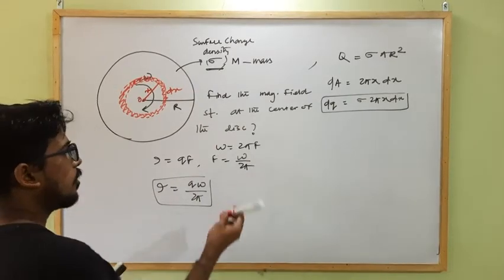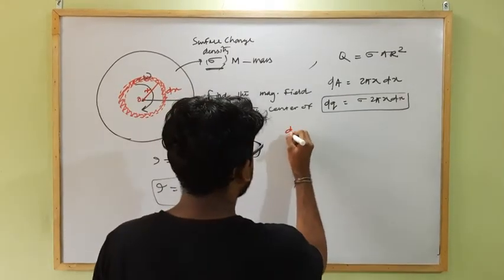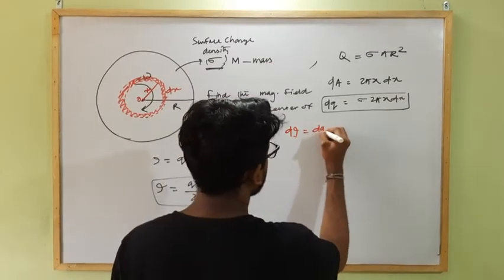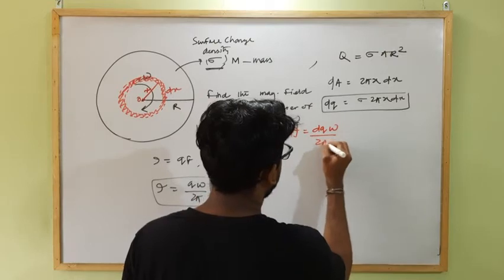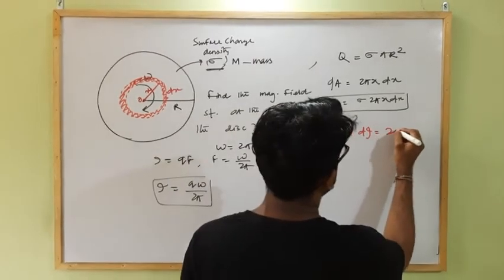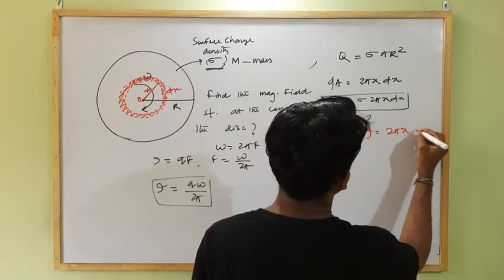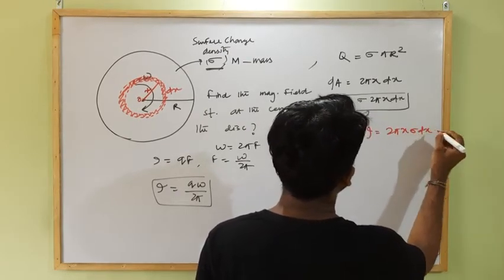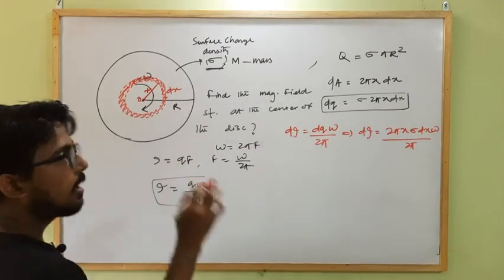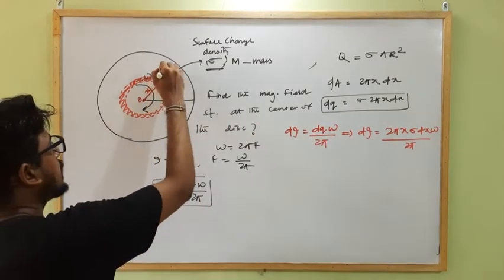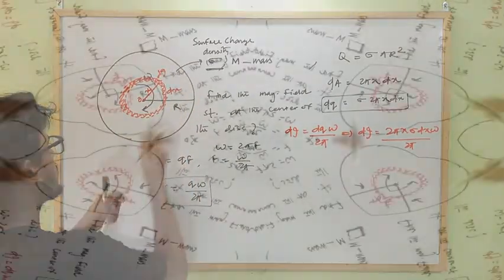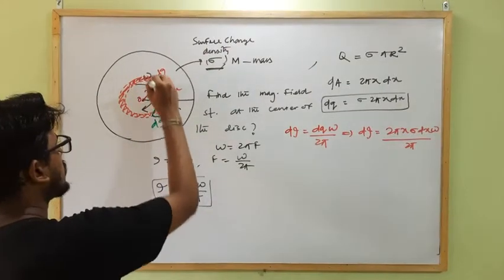So now the amount of current di equals dq into omega divided by 2 pi. So di equals 2 pi x sigma dx into omega divided by 2 pi. Clear? This amount of current di is flowing along this direction.